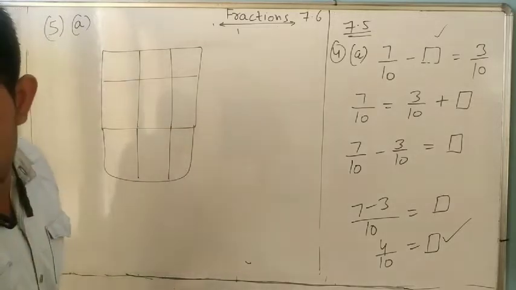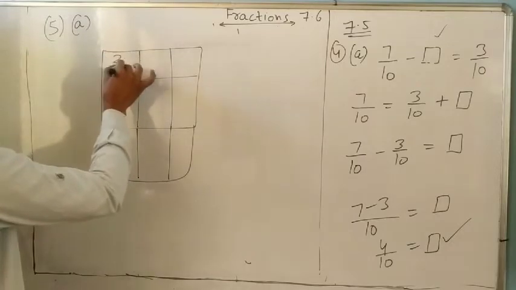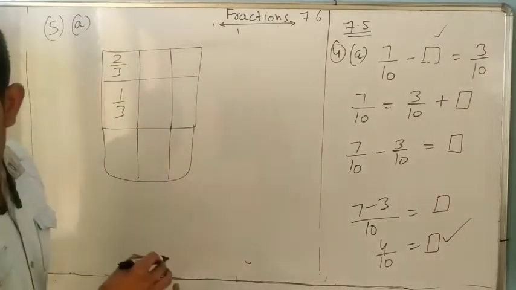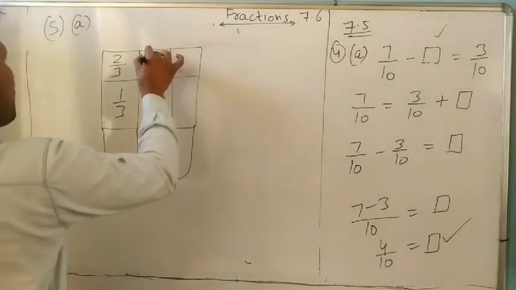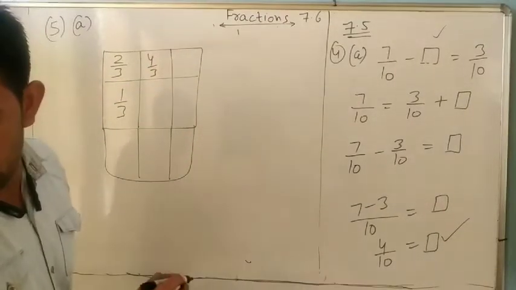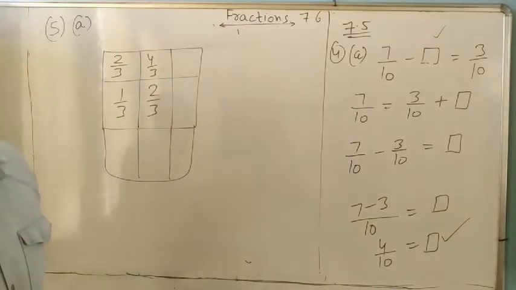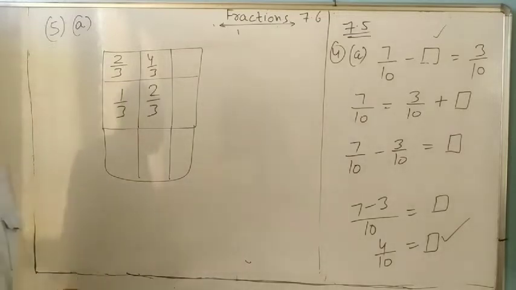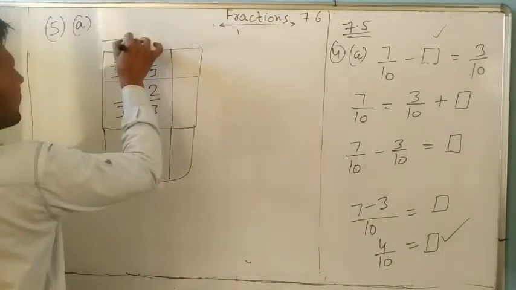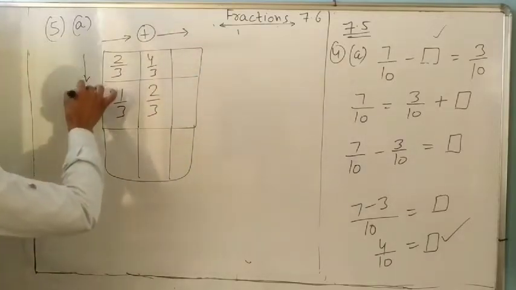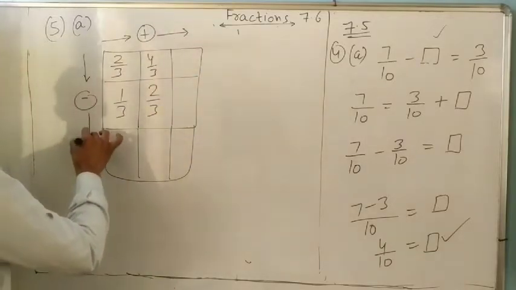So now it is given 2 upon 3 and 1 upon 3, and next is 4 upon 3, and next is 2 upon 3. We have completed the addition and subtraction box, but on this side we have to add and on this side we have to subtract.